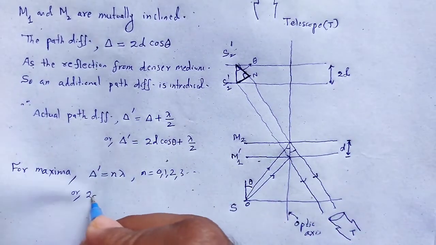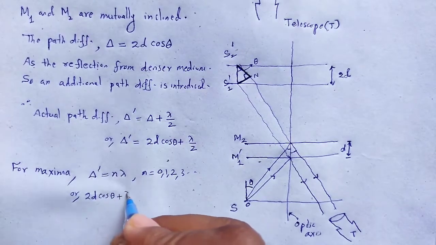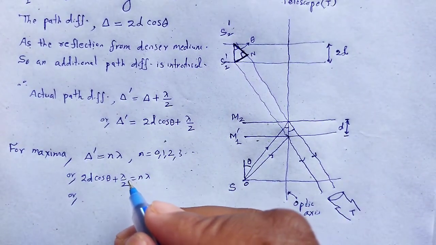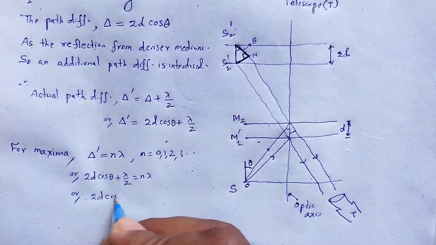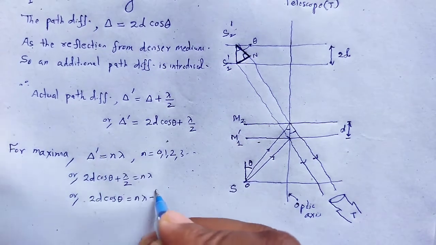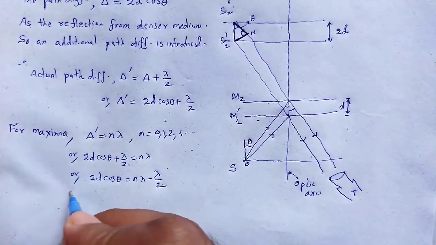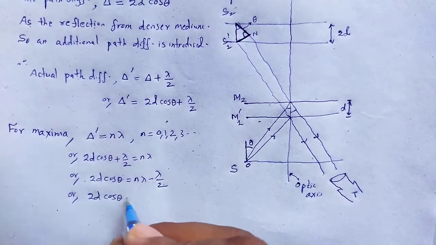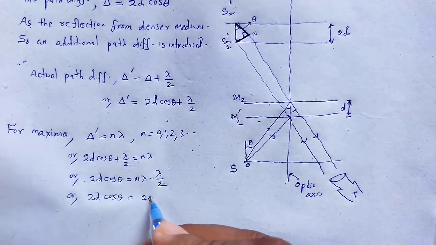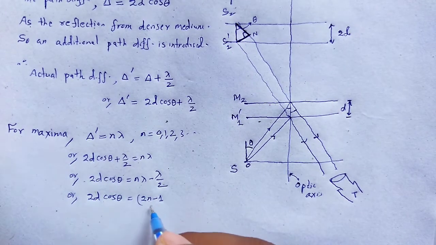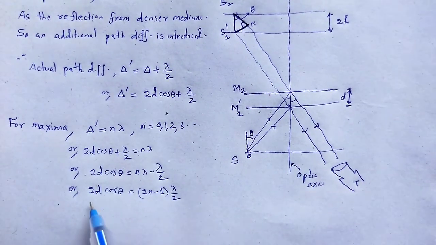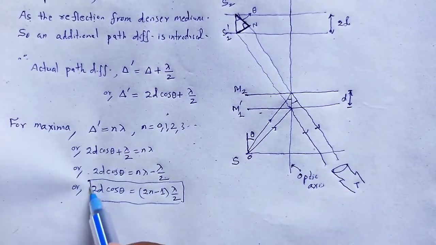For the maximum condition, 2d cos theta plus lambda by 2 is equal to n lambda, or 2d cos theta is equal to n lambda minus lambda by 2, or taking LCM and lambda as common, 2d cos theta is equal to (2n minus 1) lambda by 2. That is the condition for maxima.